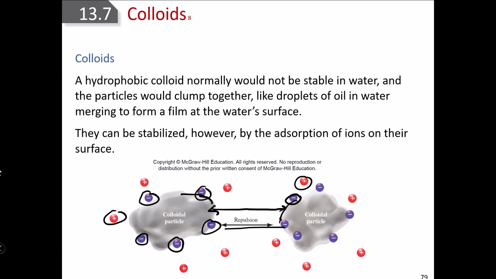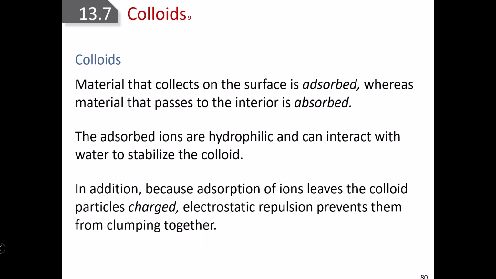All right. So that's what's important about colloids and proteins in biology, is that we are going to see that interaction, whether biologics are attracted to one another or repelled by one another.